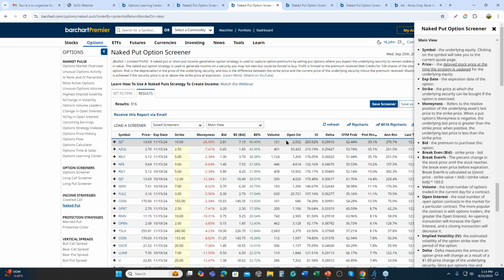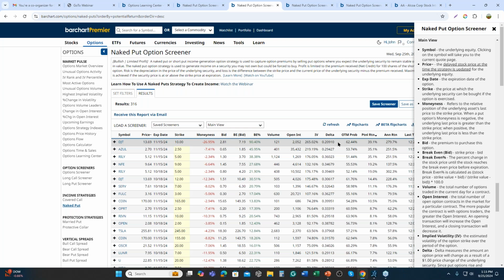IV, or implied volatility, of the option strike over the time of the option. Delta is a measurement of change for every dollar change of the underlying, so that is a value between 0 and 1. If you think about it, in this case of DJT, if the stock changes by $1, then the option would change by a value of 0.209, or 20 cents for every dollar change.